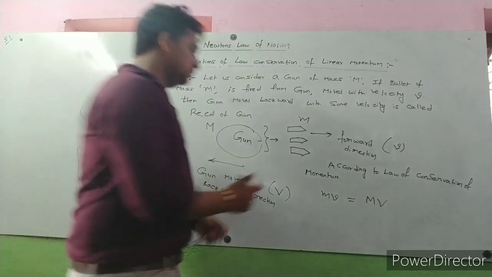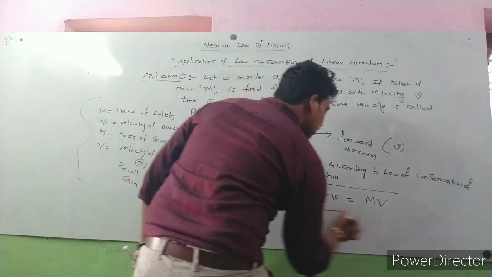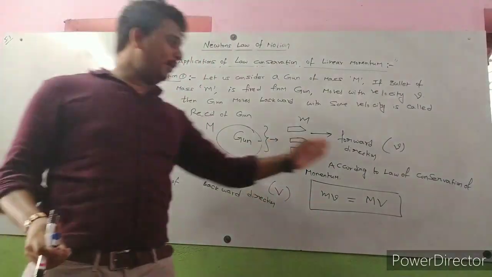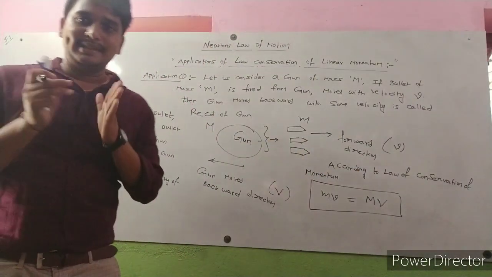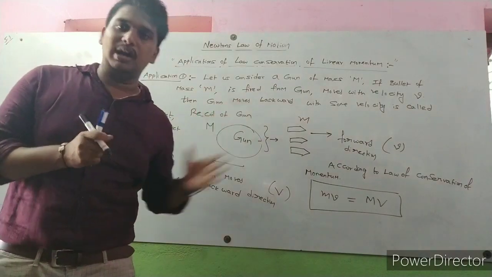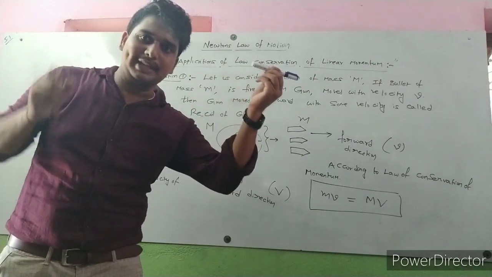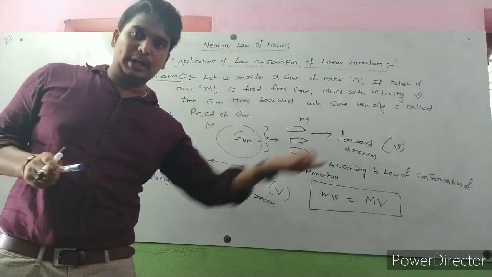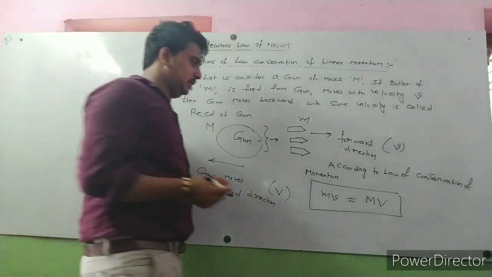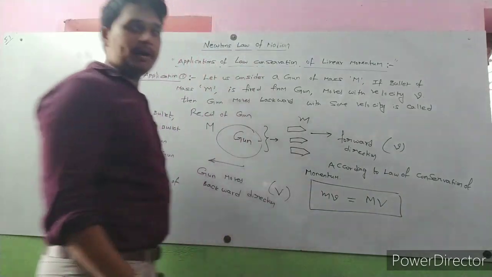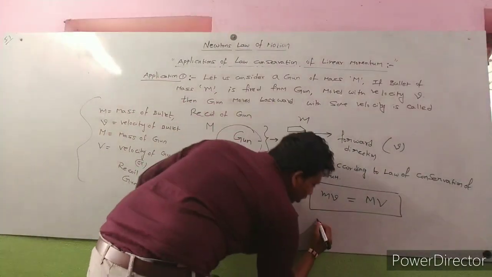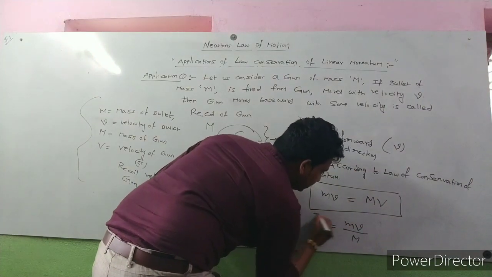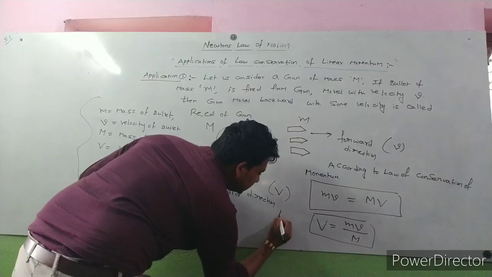So this is very important. Momentum of the bullet is equal to momentum of the gun, because this is explained based upon Newton's third law. Whatever the momentum of the bullet, the same momentum will act on the gun. From this, recoil velocity capital V is equal to small m into small v by capital M. Okay, so this is the recoil velocity.